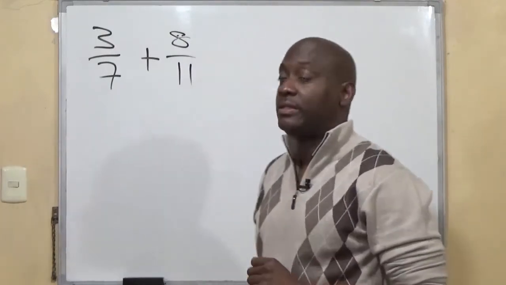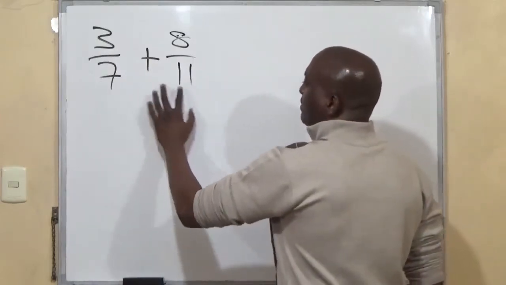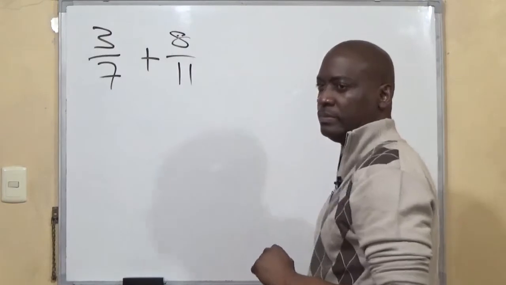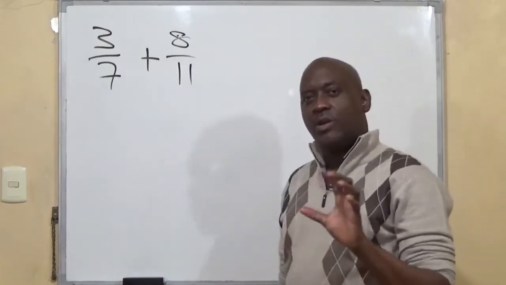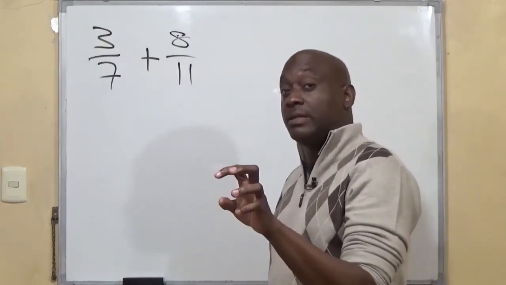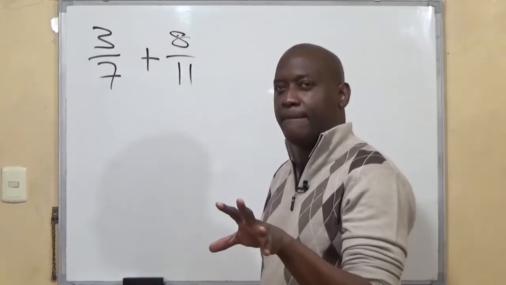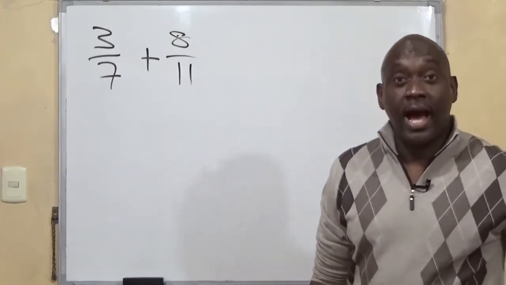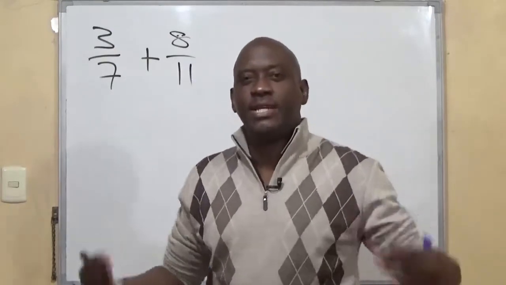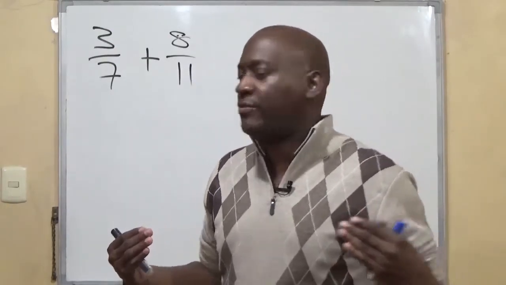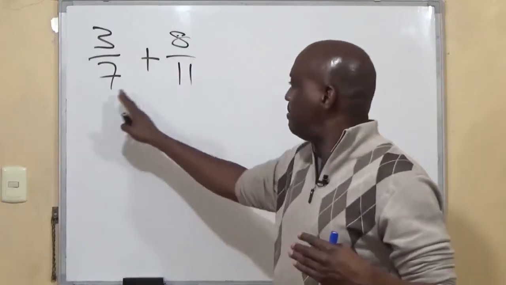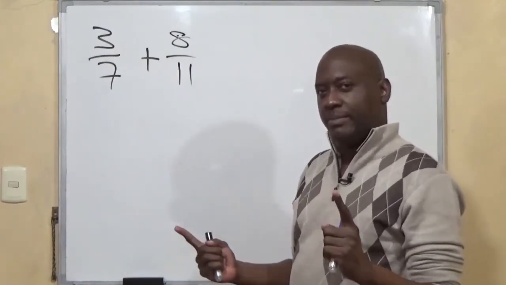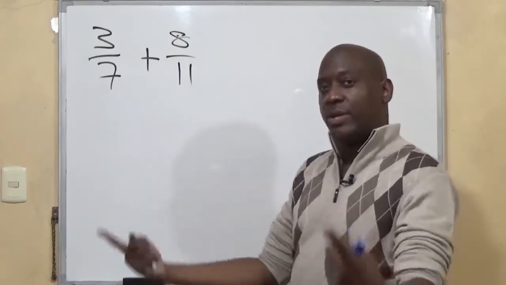So in other words, if there's no connection between 7 and 11, then we have to look for a number that connects the both of them in, again, a multiplicative relationship. So if we don't have a multiplicative relationship between the two, we need to look for that multiplicative relationship in another way, in another form.